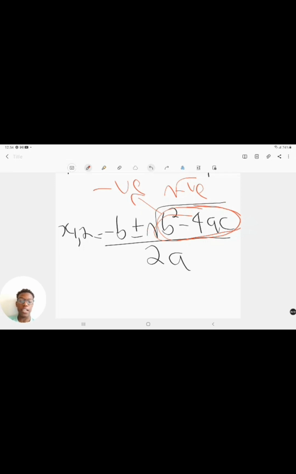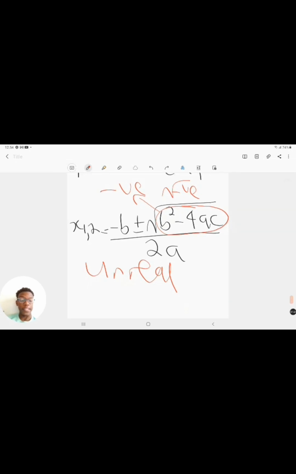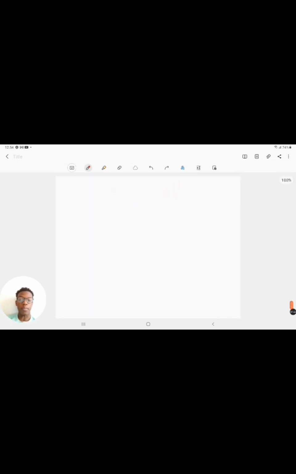Then we will have an unreal answer. So x1 and x2 will be unreal, meaning that the quadratic function used in this quadratic formula will not have x-intercepts.